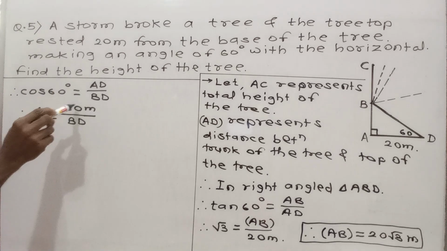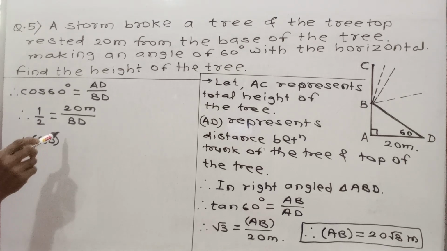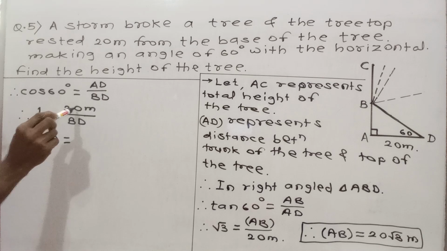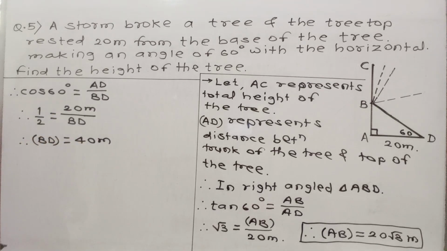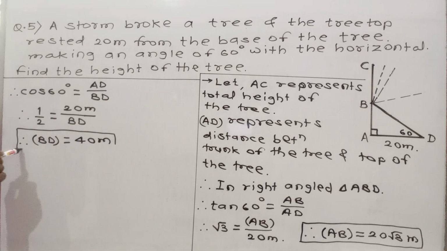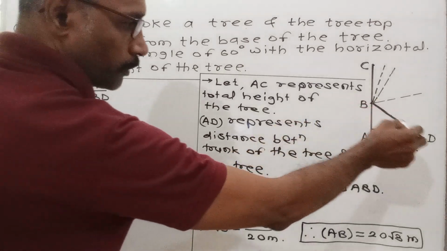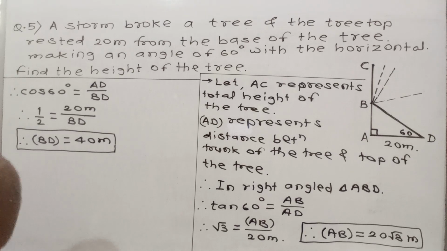Therefore cross multiplication, 1 into BD is equal to 2 into 20, means 40 meters, means the length of the broken part of the tree is 40 meters.